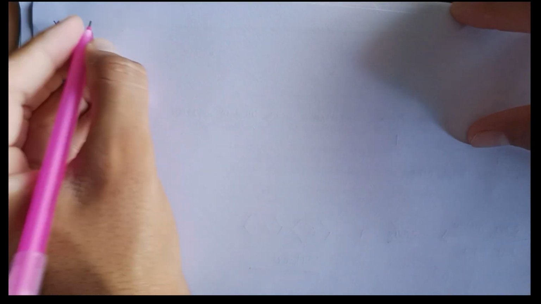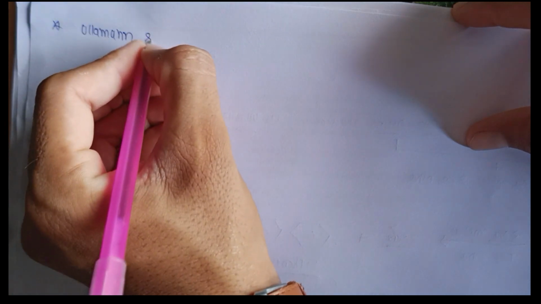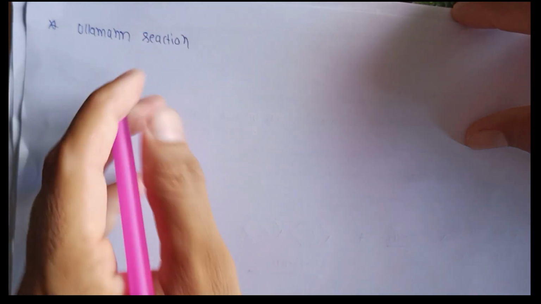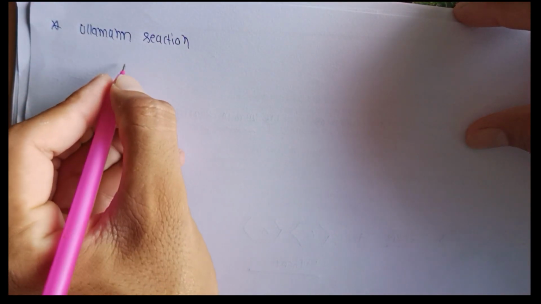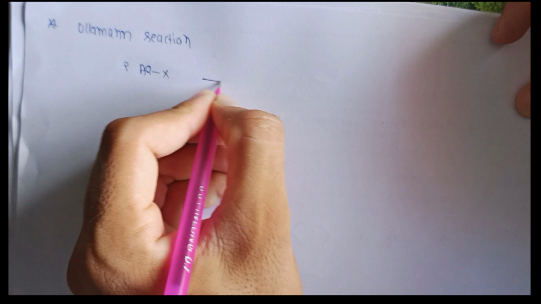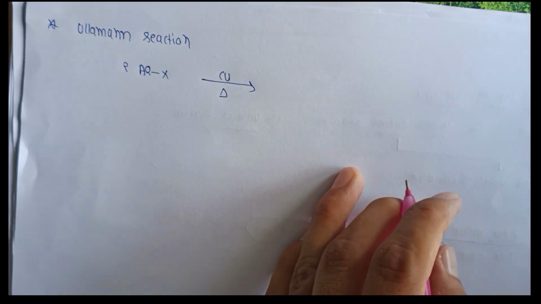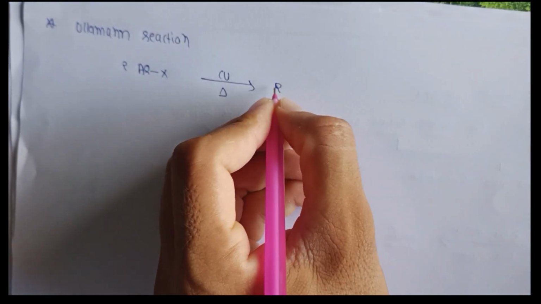And the third one is the Ullmann reaction. In the Ullmann reaction, any aryl halide compound in the presence of copper at high temperature produces a biphenyl ring.